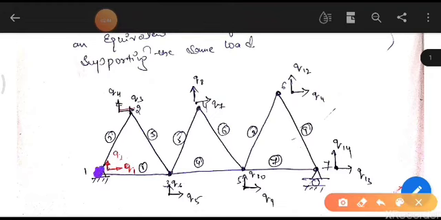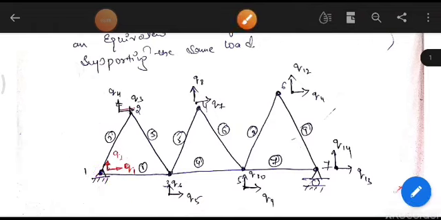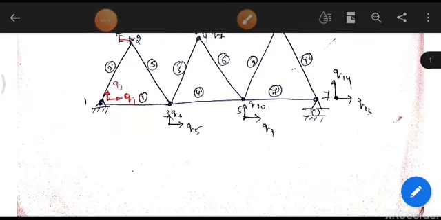For example, if you consider this node, we have two displacements which you can call u1, u2 or q1, q2. In some books it is given as q1, q2, in some books u1, u2. You can refer to any one. Trusses are used to carry supporting loads. So this is the overall concept of truss.